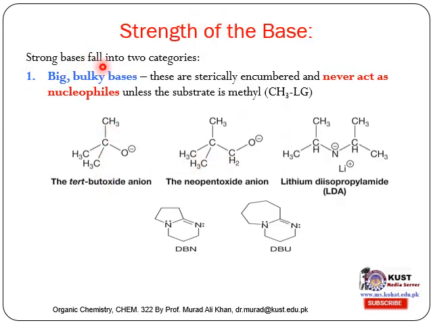The strong bases are in two categories. Big bulky bases. These bases are sterically hindered and never act as nucleophile unless the substrate is methyl or a very small group.